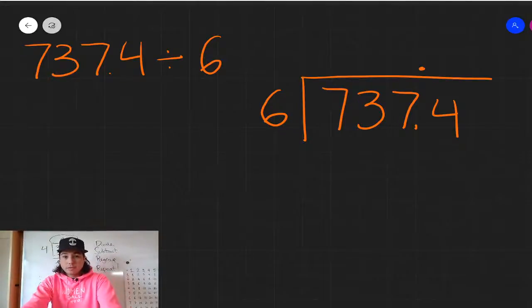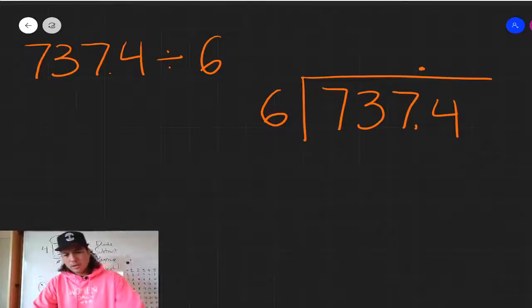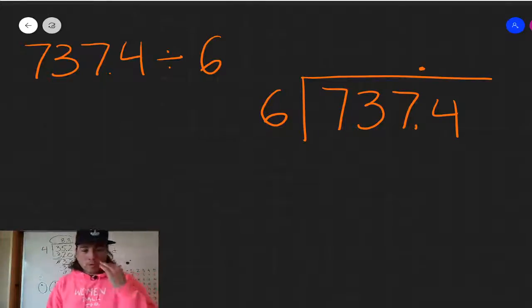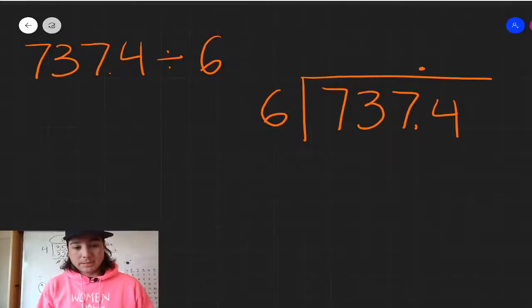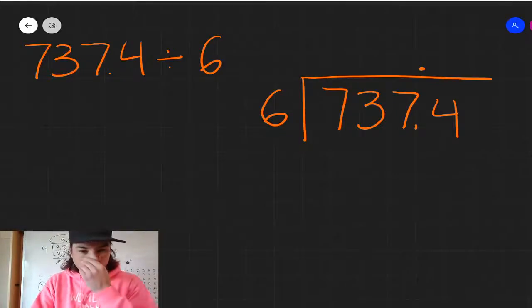Just to remind yourself that just like with addition and subtraction, we want to line up our decimal places and keep all of our places in the same order. So start from your largest valued place. In this case, start with the hundreds place.